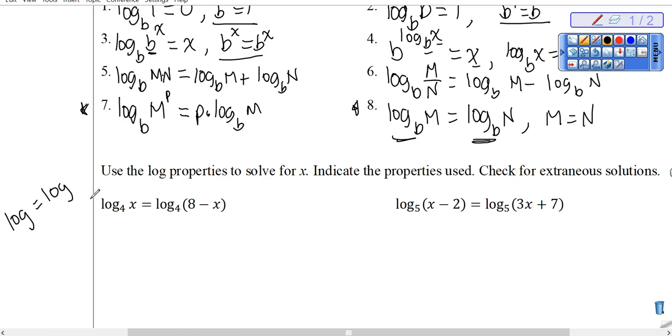It says, use the log properties to solve for x, indicate the properties you used, and check for extraneous solutions. So I'm actually going to have you start by finding the domain restrictions for these logarithms. Because remember when we graphed, logarithms have domain restrictions. So here's what you have to do. I'm going to put this information up here in this space.